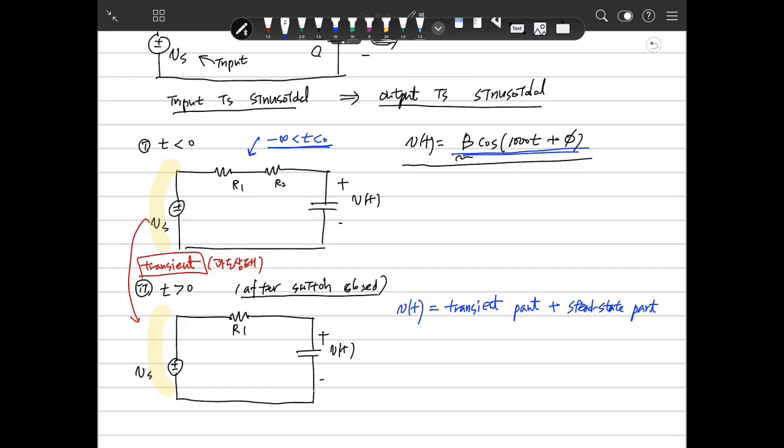But because the condition changes very instantly, there is a transient response here. So this voltage has a transient part and a steady state part. This part will eventually die out. This is transient, and this is the steady state because the source is sinusoidal, so that will be sinusoidal.